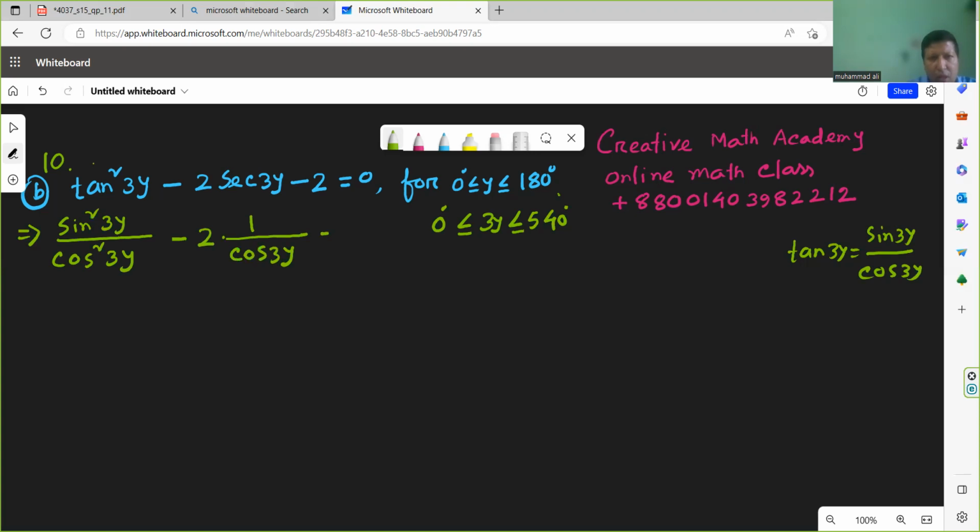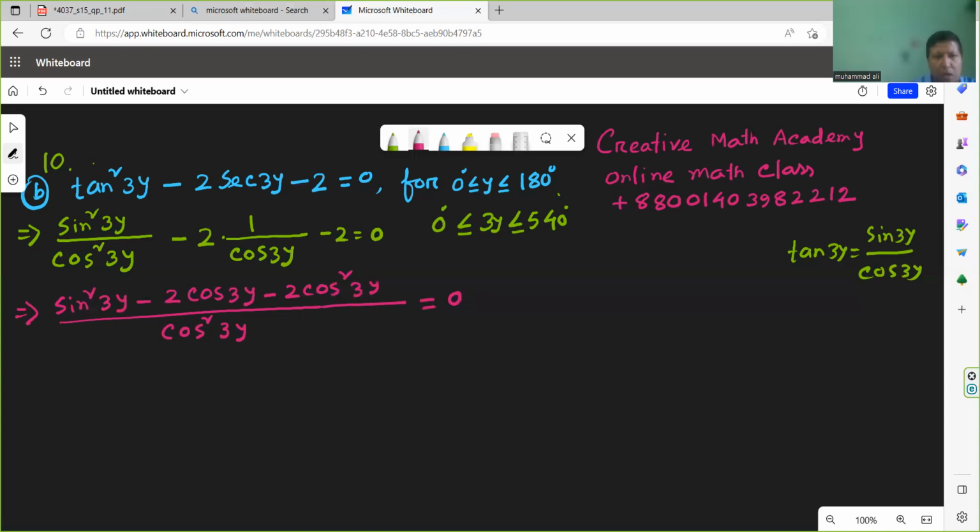Minus 2 equals 0. After that, we try to do LCM. So the LCM result will be cos square 3y. Here it will be sin square 3y minus 2 cos 3y minus 2 cos square 3y equals 0.